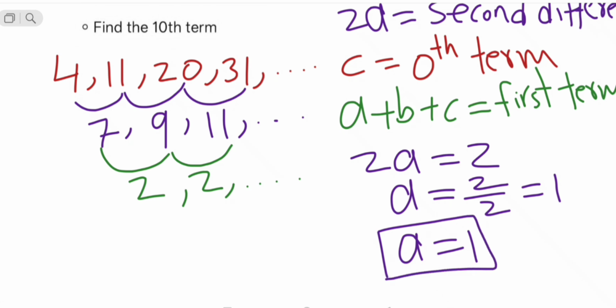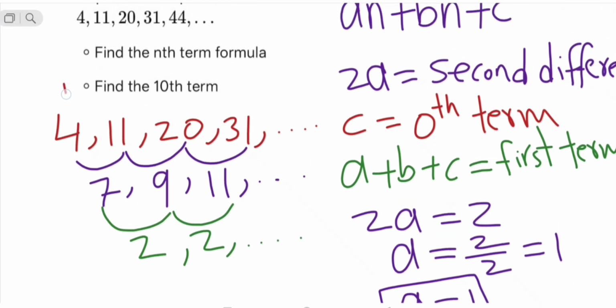Now, as I wrote, c is the zeroth term. This is the first term and this is the zeroth term. We are going to find the zeroth term. I will go back from 11 to 9. What I did, I subtracted 2. So 9 to 7, I subtract 2. So 7 to before, what will I do? Subtract 2, which is equal to 5.